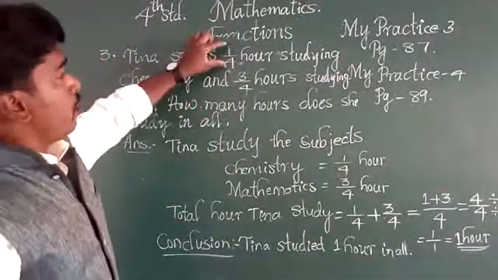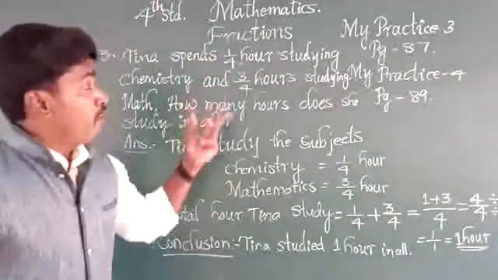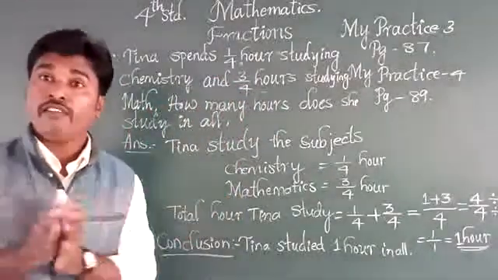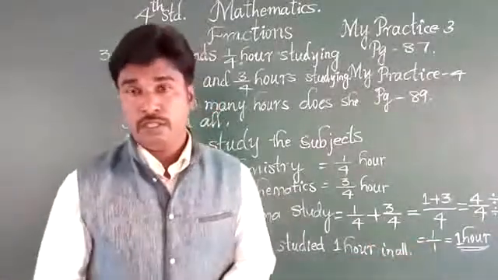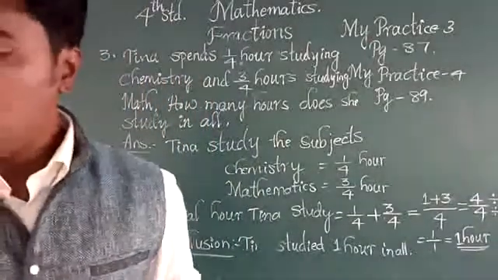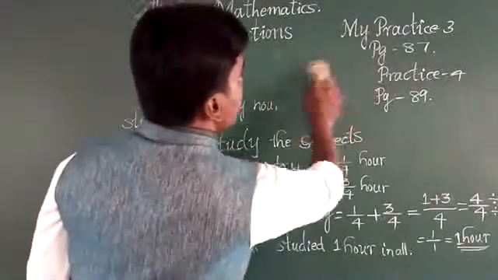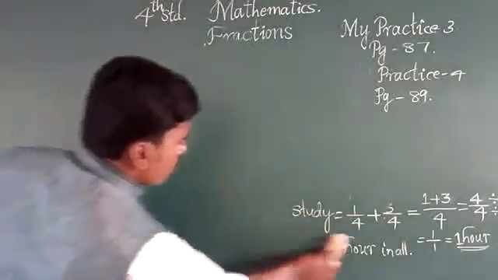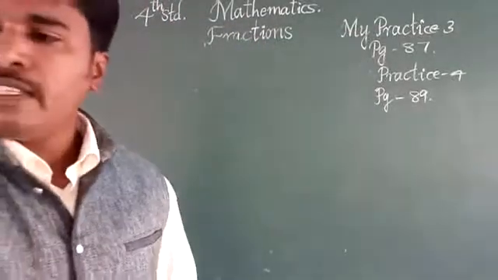That means quarter hour for studying chemistry and 3/4 hour for studying maths, so the total number of hours becomes 1 hour. Dear students, now I should take the last problem. Please observe carefully. After this I should give some instructions to you, and please follow them after this video.